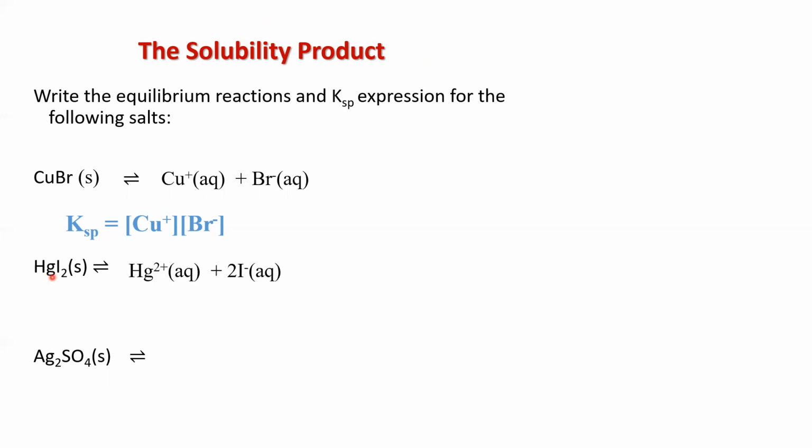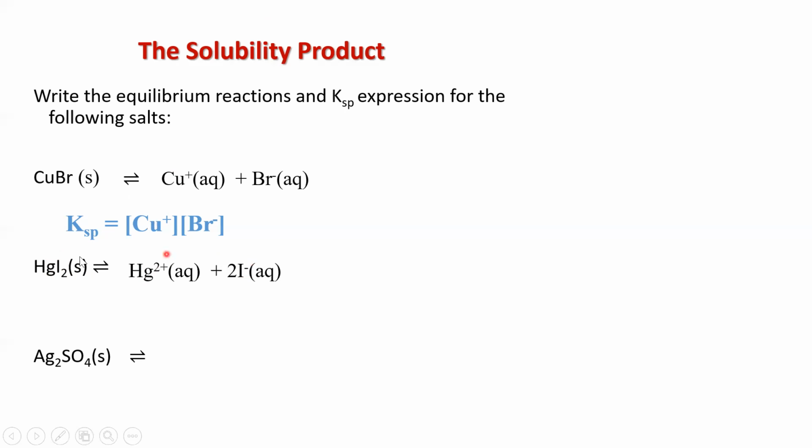So the mercury 2 iodide is going to break up into mercury ions and iodide ions. Now the charge on the mercury comes from this 2, and the charge from the iodide comes from the 1, which is assumed. So that's where this +2 and this -1 comes from.